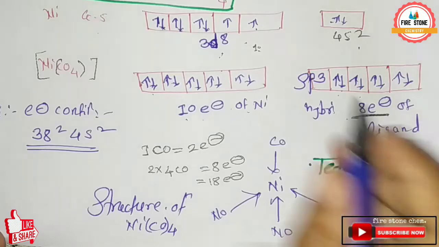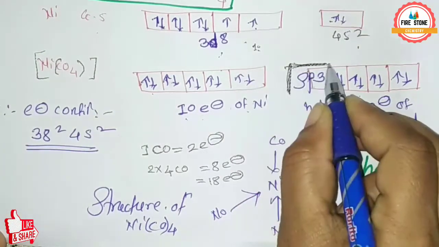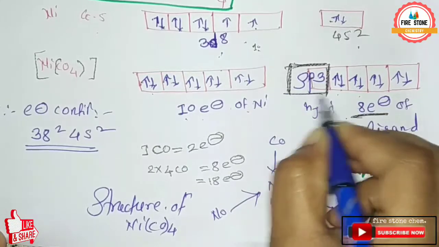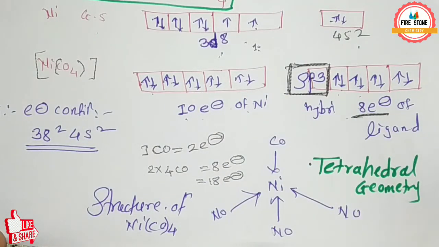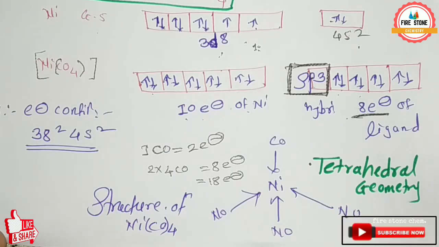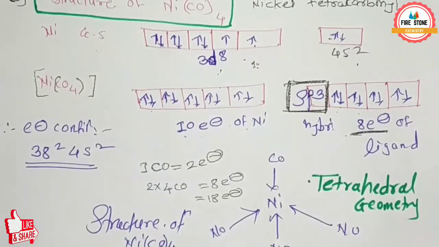So the hybridization here is sp3, and the geometry is tetrahedral.